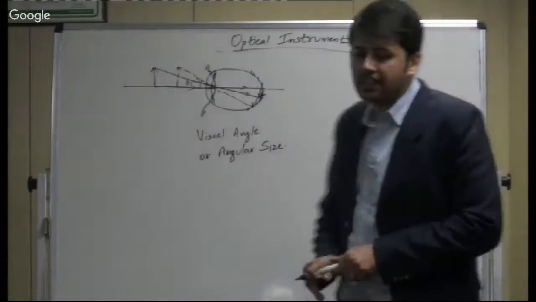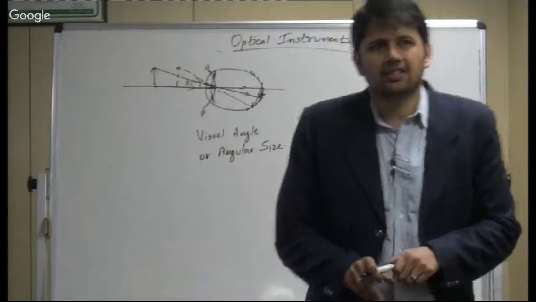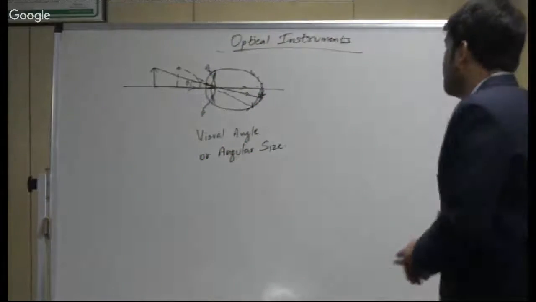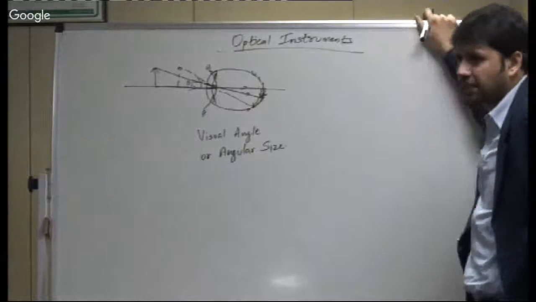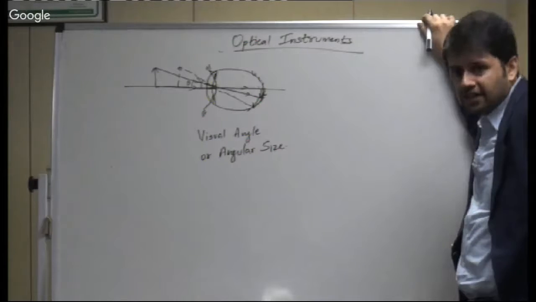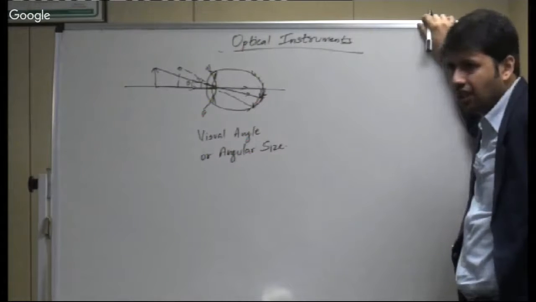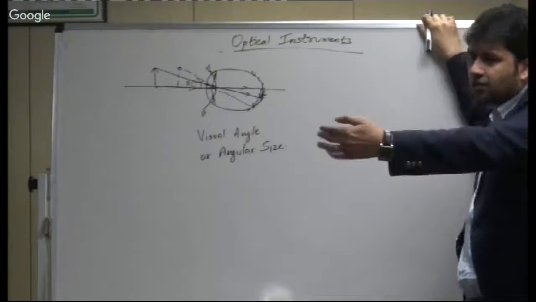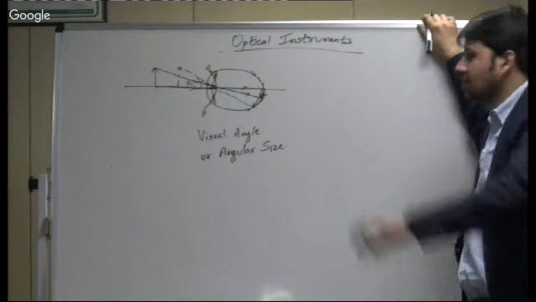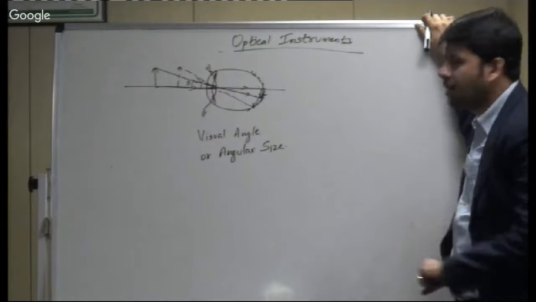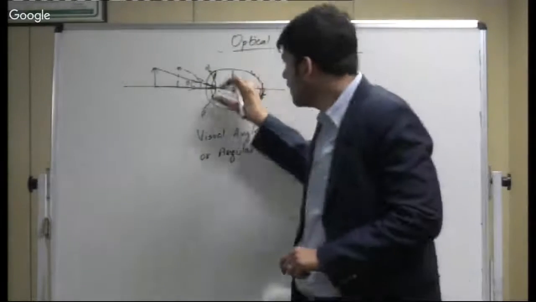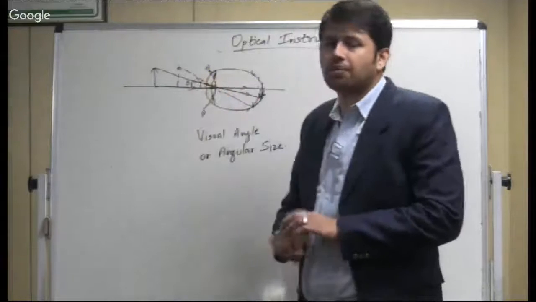Now the angular size for the human eye is not very large. As you know, the human eye has a very small aperture. The eye lens has a very small aperture, so only the paraxial rays would enter. Very small aperture, and at least 25 centimeters should be the distance for an object to be placed. So this angle would not be very large.